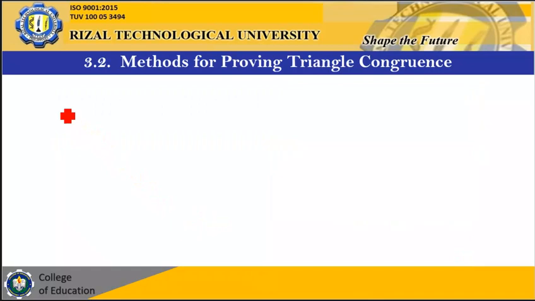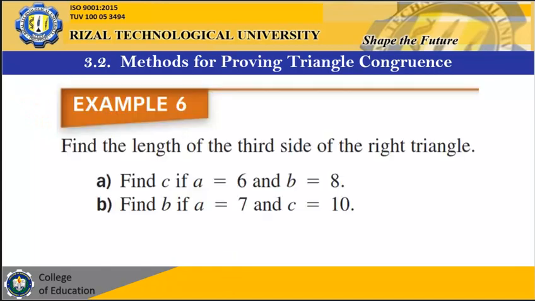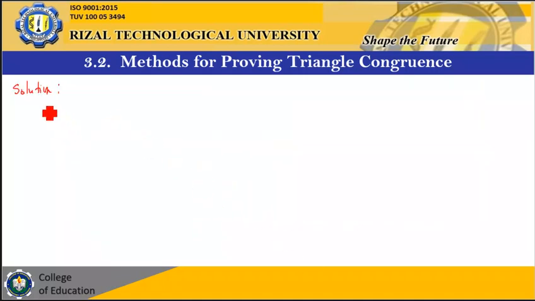Okay, let's have our solution. So, C is unknown, A is 6 and B is equal to 8.